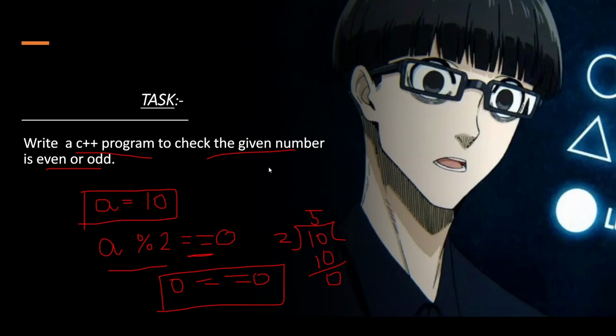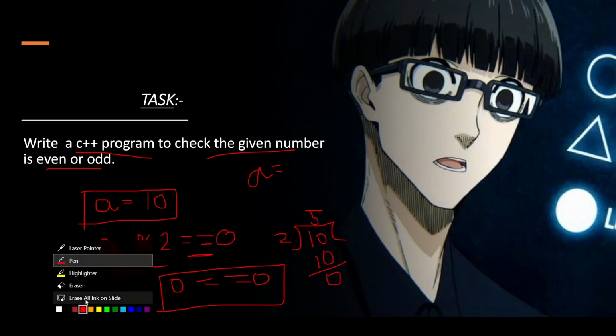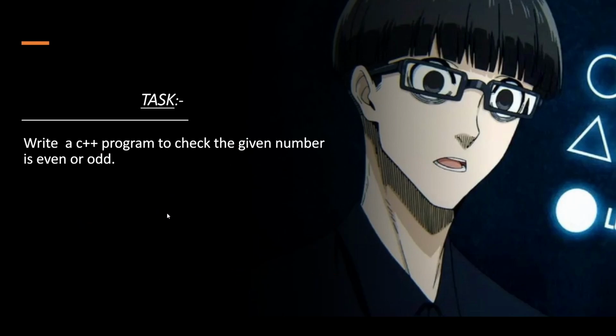So let's check if a is equal to 5, is it even or odd. First of all, I will divide 5 by 2 and I have to mainly focus on the remainder part.